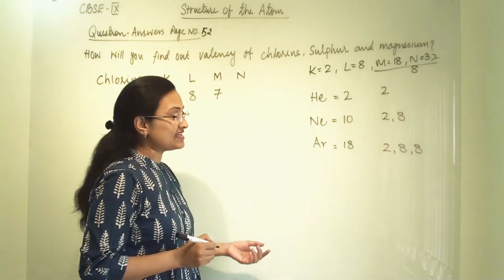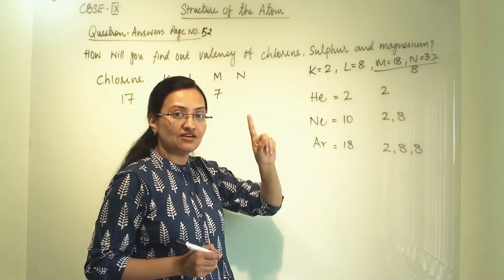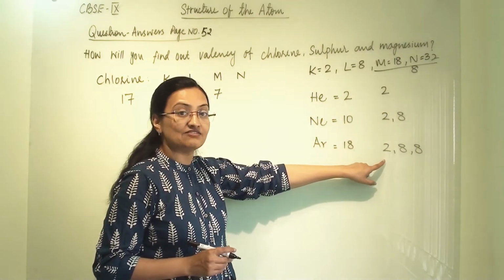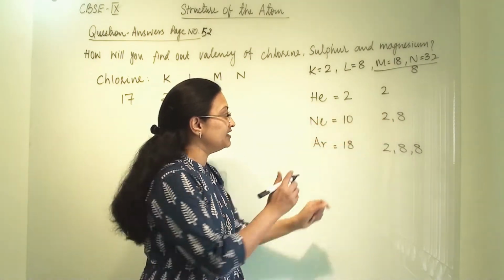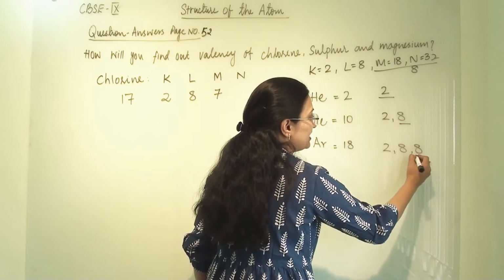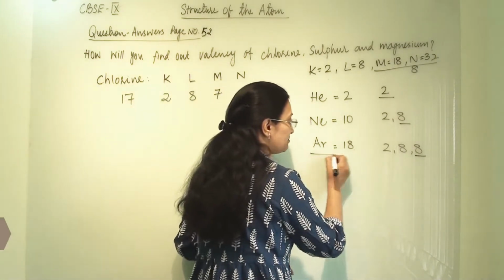Why are they noble gases? Because their outermost shell, also known as the valence shell, is completely filled. So they are very stable.